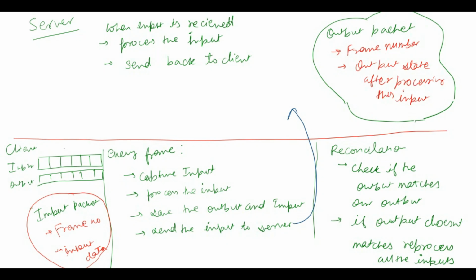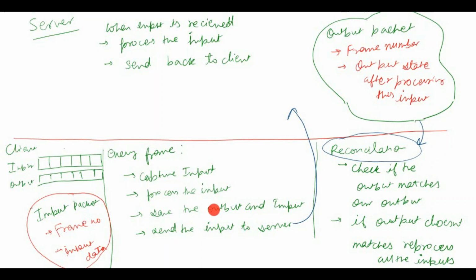Now after this, the control will come back to the client side. When the packet is received on the client side, the reconciliation function will be called. This function will check whether the output state described in the output packet matches the output state which we saved here.